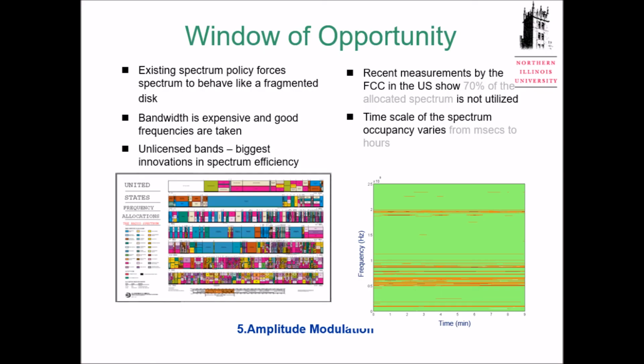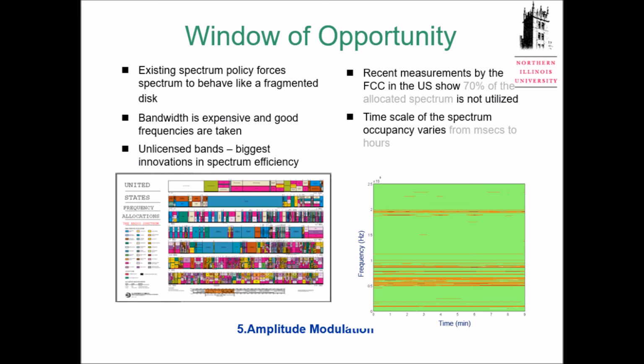There are some unlicensed free bands, which means many people want to use them, so it's very challenging. However, if you look at the spectrum utilization, this is time and this is frequency. For many bands, for a chunk of time, either several minutes or even several hours, nobody uses it.